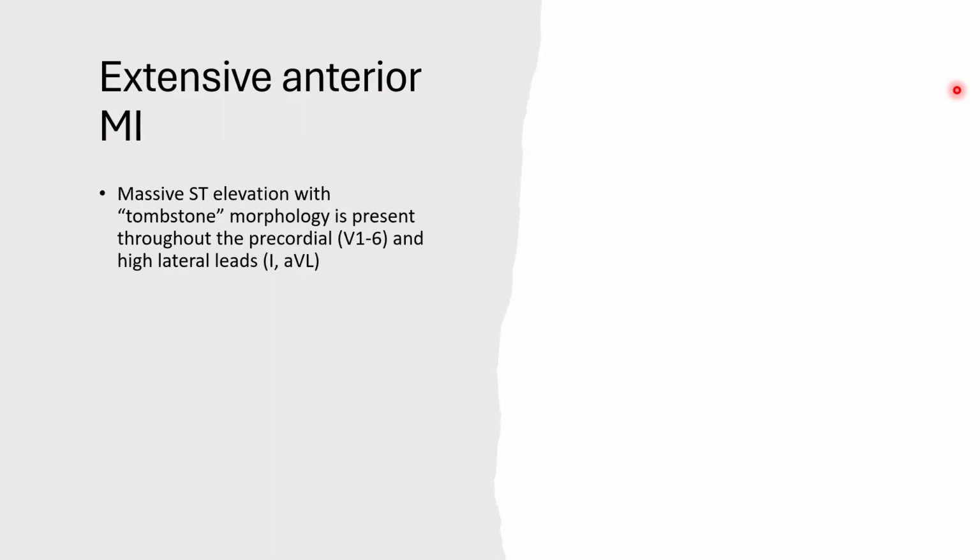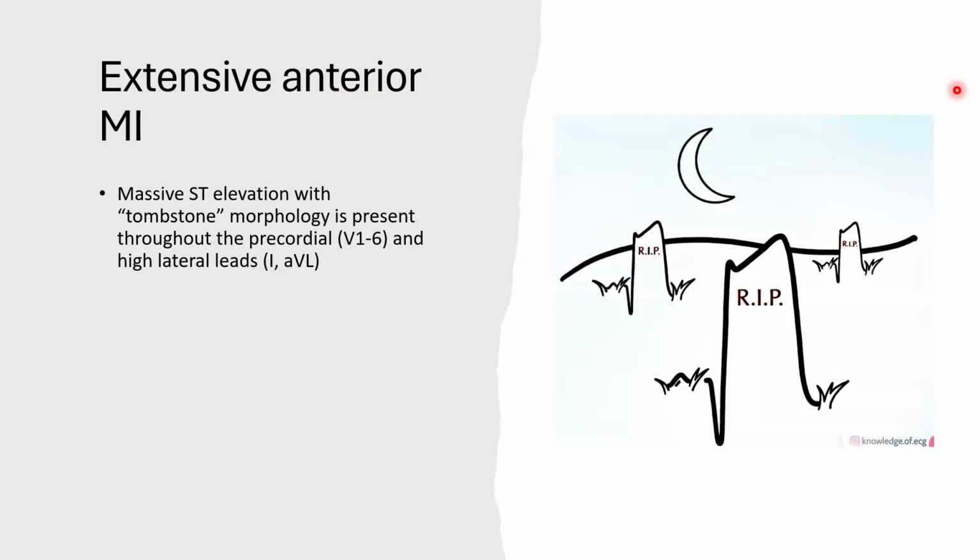Now we will be discussing something called an extensive anterior MI. From its name, it's a massive ST elevation, and it has a specific morphology. It's called a tombstone morphology. As you can see in this picture, it literally looks like this.